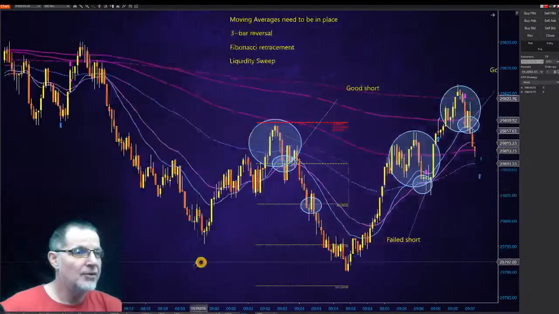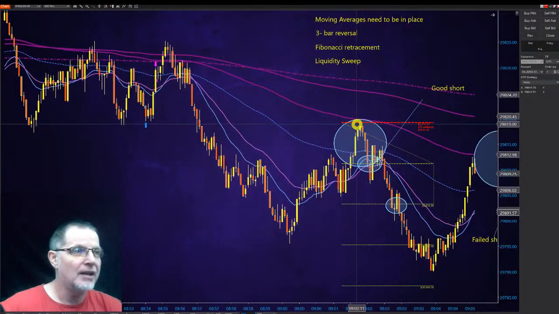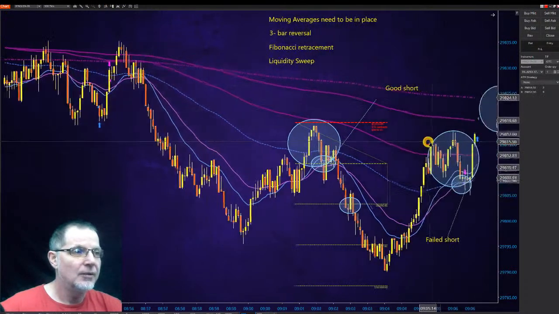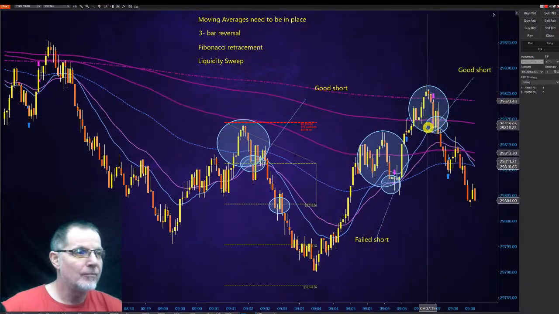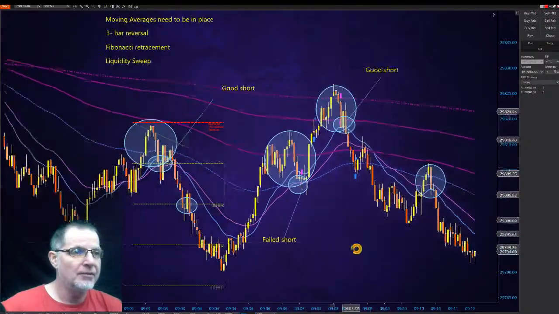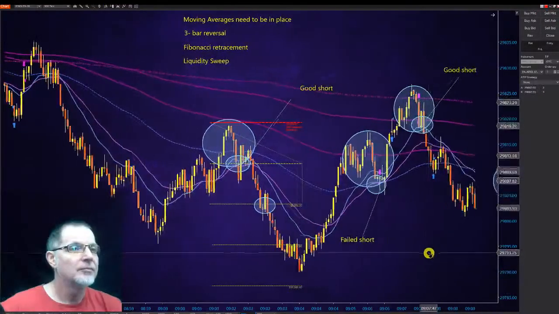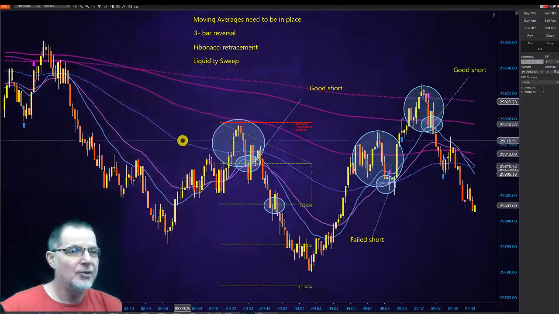Because the moving averages are spread out and all agreeing in the same direction. We get a nice pullback. Here, the liquidity sweep of this was good, even better. Nice drop down, bigger move down even. This was a good Fibonacci pullback here. You want it to be in between the 100 and the 200 usually, or the 50 and the 100, somewhere in that area.